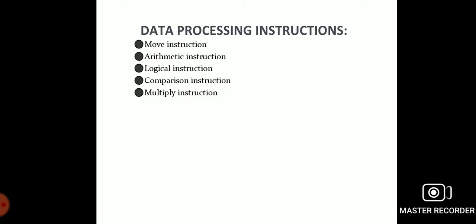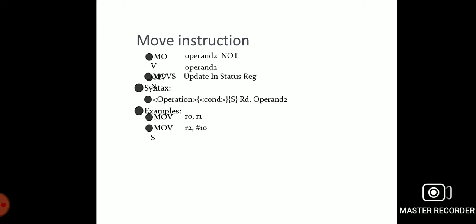So we can see the example of move instructions. Here MOV, the operand 2 is a not, and the move of operand 2 moves into the status register. So in the syntax, first we specify the operation and what conditions are needed, the status to read, and operand 2 to move to the location of the status registers.